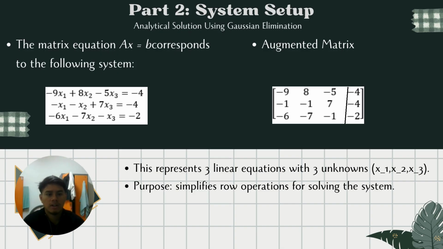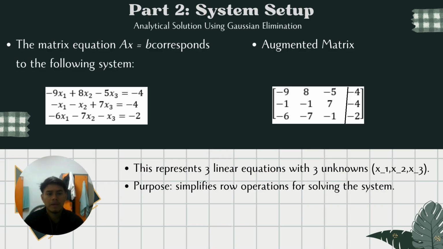For our augmented matrix, to make the system easier to solve, we represent it in augmented matrix form. The augmented matrix combines the coefficient and constant into one structure.